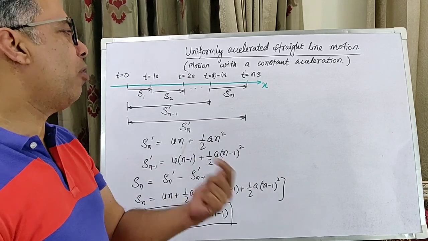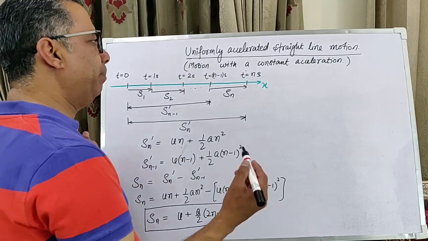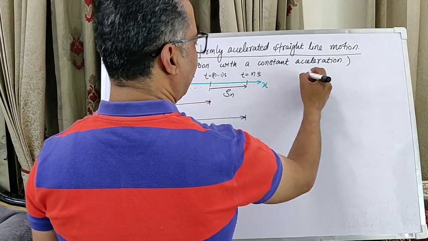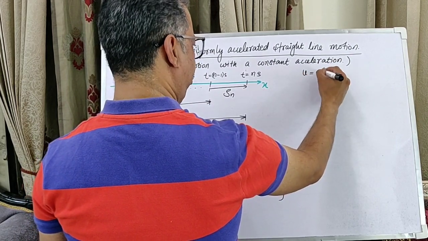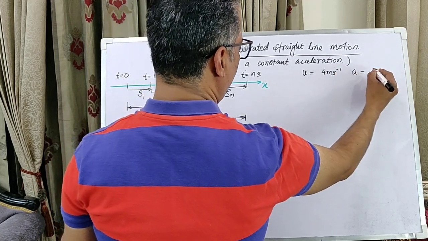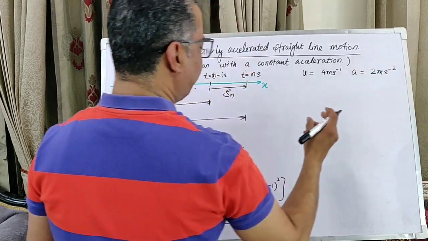Now I know this language you're probably finding a little confusing, and so I'll make it a little more clear to you with a simple example. Let's say we have an initial velocity of say 4 meter per second and an acceleration equal to 2 meter per second square.